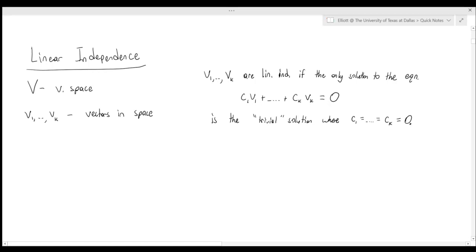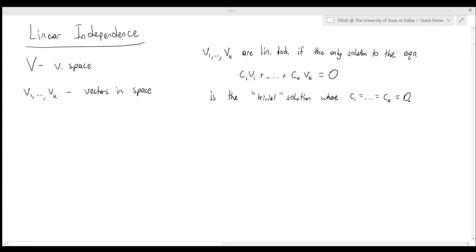Now, the expression on the left-hand side is a linear combination of the vectors v1 through vk. So another way you can think of linear independence is that the only linear combination of these vectors that will equal the 0 vector is the one where you just multiply all the vectors by 0.